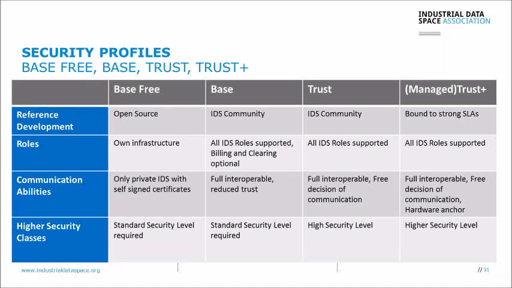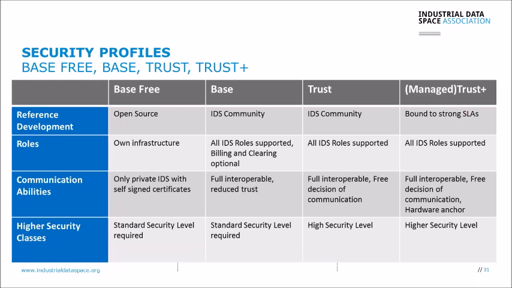In communication abilities, all connectors can talk to each other. They are fully interoperable, not the base-free connector, which is only for the private IDS with self-signed certificates, but the other 3 profiles are fully interoperable. But one has to know that the base connector has some kind of reduced trust, and the trusted connector is fully interoperable with a free decision to communicate.